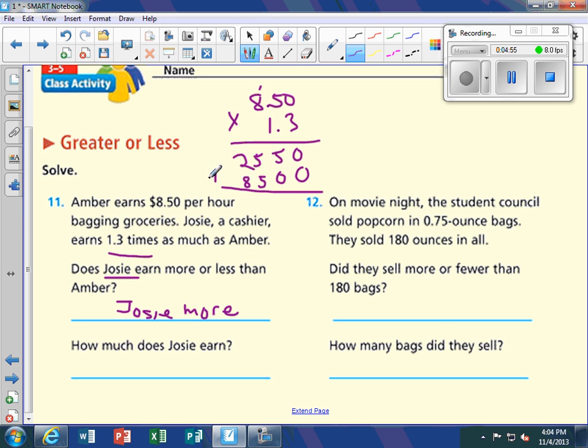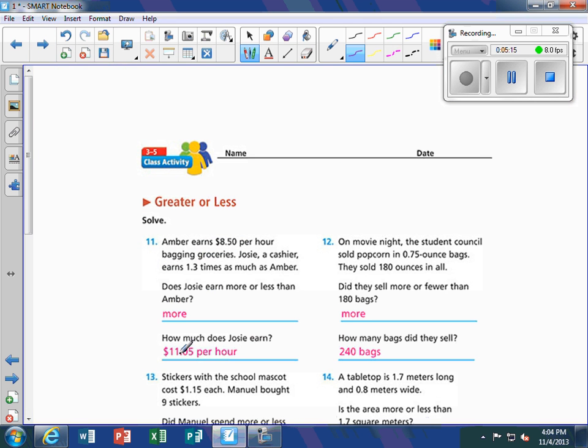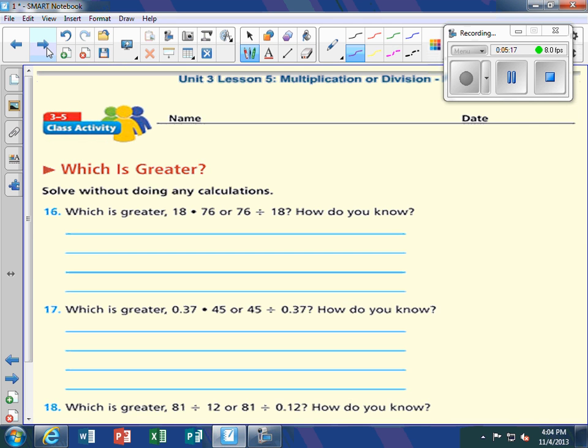And then add. Multiplication and addition, 5, 0, 10, and 11, 1, 2, and 3, so $11.05. All right, let's move on.